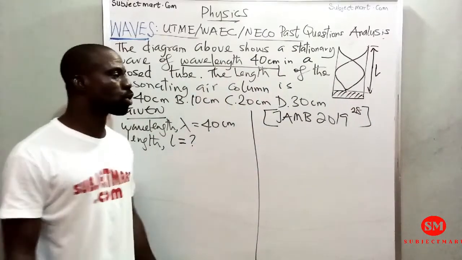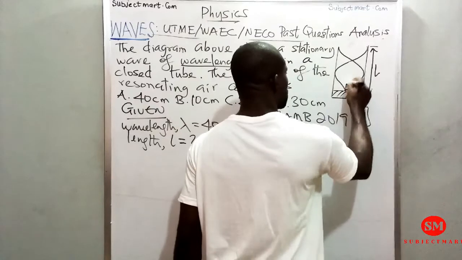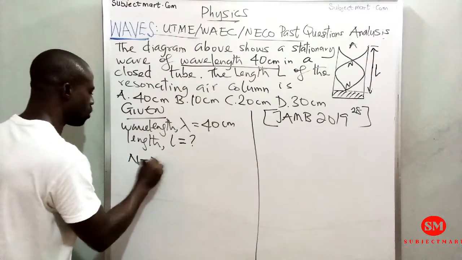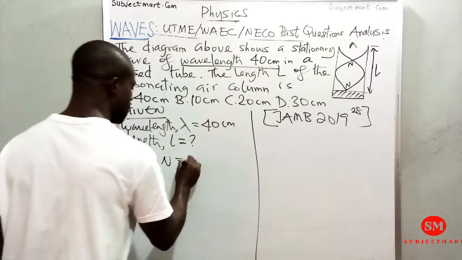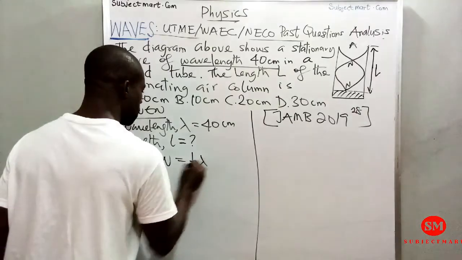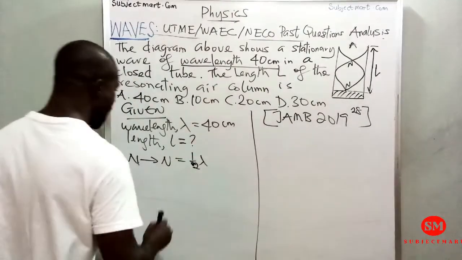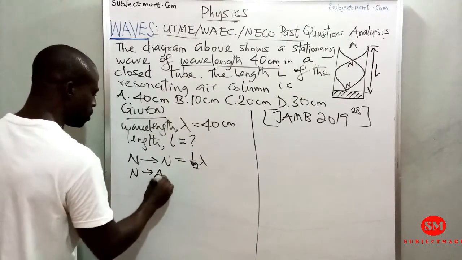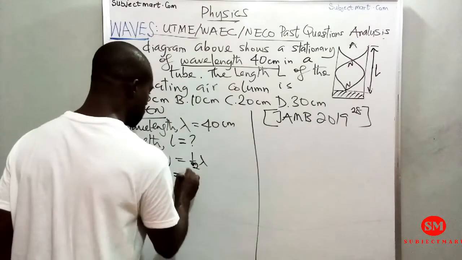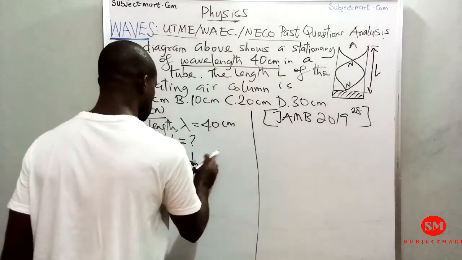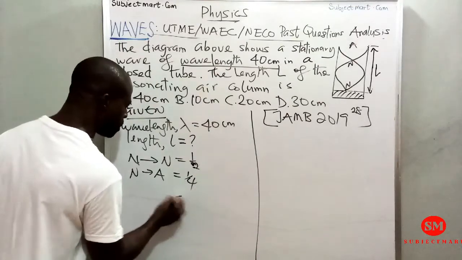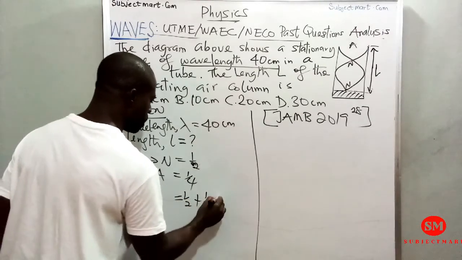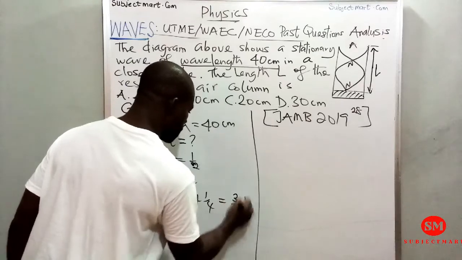Now, we all know that in a closed pipe, this one is node, antinode. The distance from node to node is half lambda, and then the distance from node to antinode is one quarter. By the time we add this up, the total distance will be half plus quarter, that is going to be 3/4 lambda.